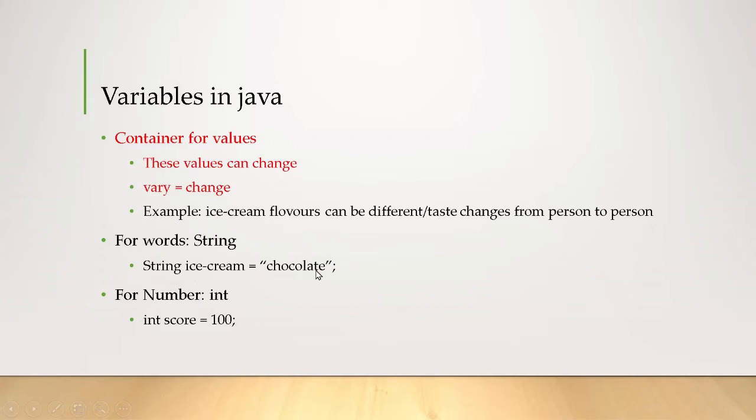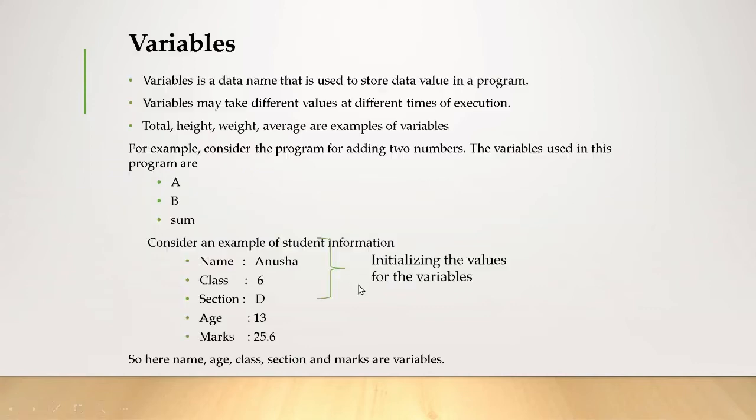Because we are using words here, for words we have to use string. String is the data type, followed by the variable name, equal to, and the value in double quotes. Strings are always in double quotes. And for numbers, as I already told you, int score is equal to 100. This is how you have to use variables in Java. Clear?